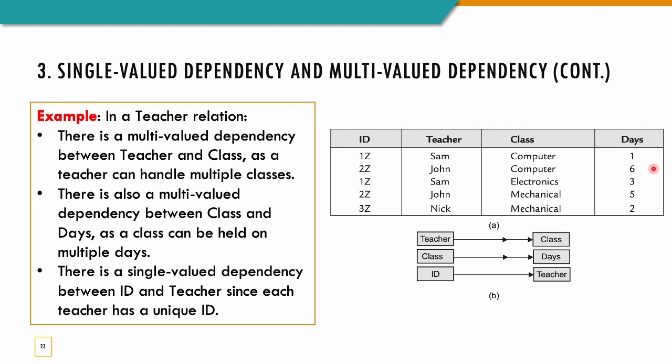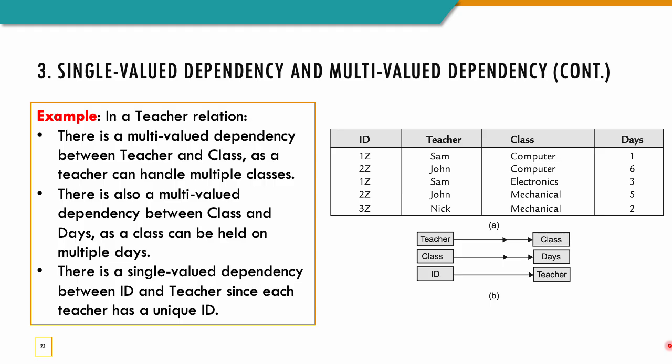This is another multi-valued dependency, because the value of the class attribute can determine multiple values of the days. For example, the computer class can be held on day 1 and day 6, while the mechanical class can be held on day 5 and day 2, something like that.